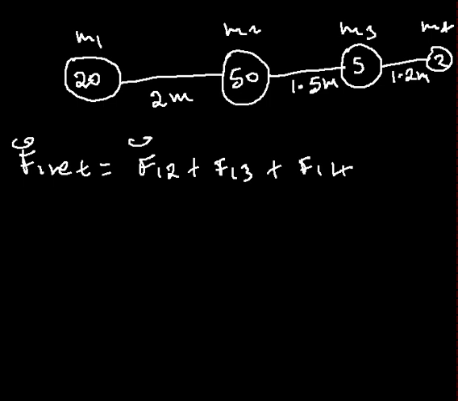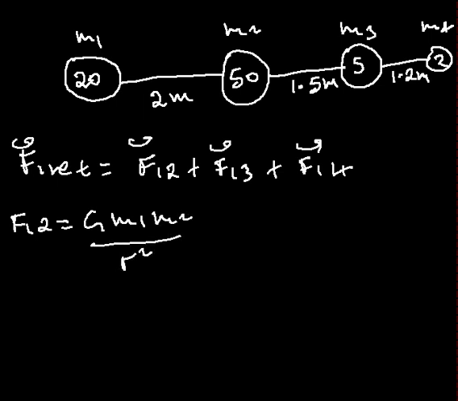So we should calculate these forces using Newton's law of universal gravitation. So let's start with F12. F12 is given as G times mass 1 times mass 2 divided by the separation distance. How far apart are the two masses? G we have as 6.67 times 10 to the power negative 11.